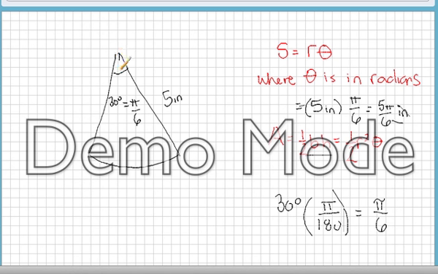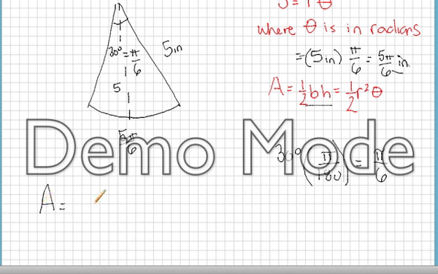The height of this sector, if we draw a line straight down the middle, is still just the radius of the sector here. So the height is 5 inches, and the base is the perimeter of the arc, which we just figured out is 5 pi over 6. So let's go ahead and plug into that.